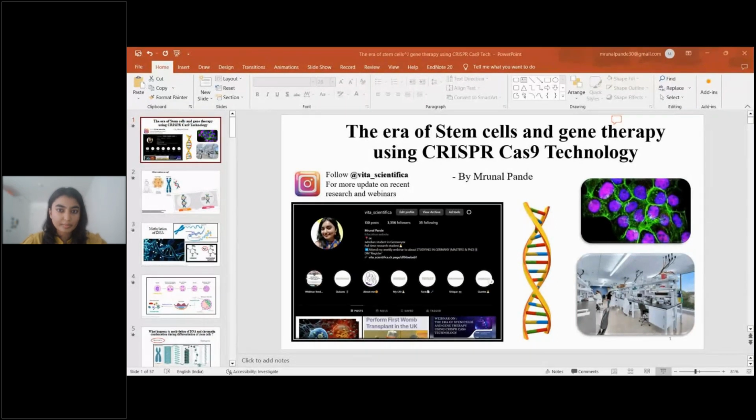Now let's talk about methylation. Methylation of DNA is an epigenetic modification. When the DNA is methylated, a CH3 group is attached to the fifth carbon of the cytosine.